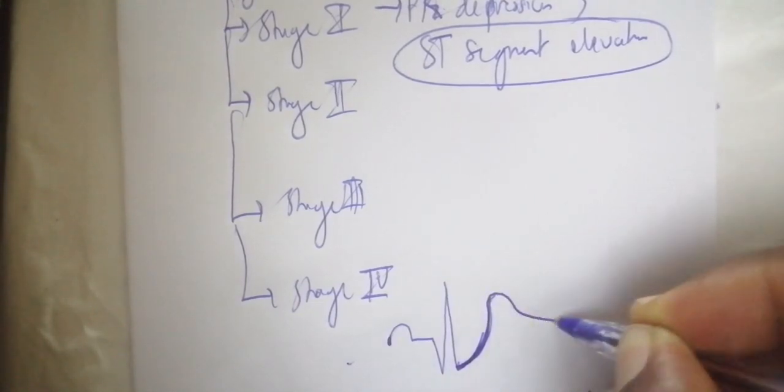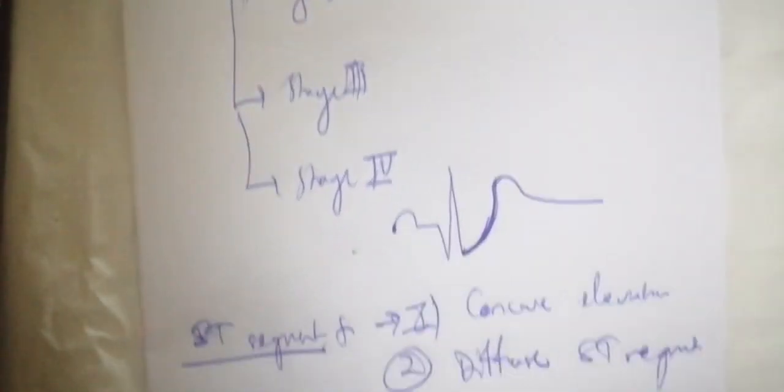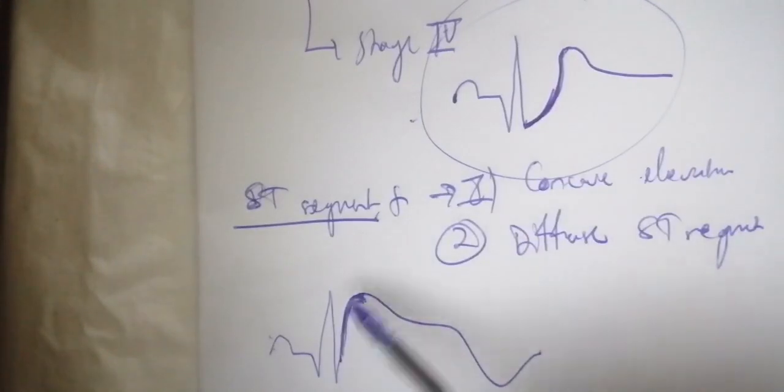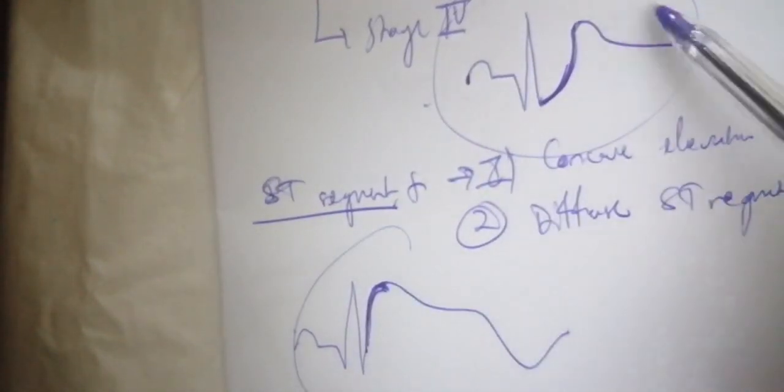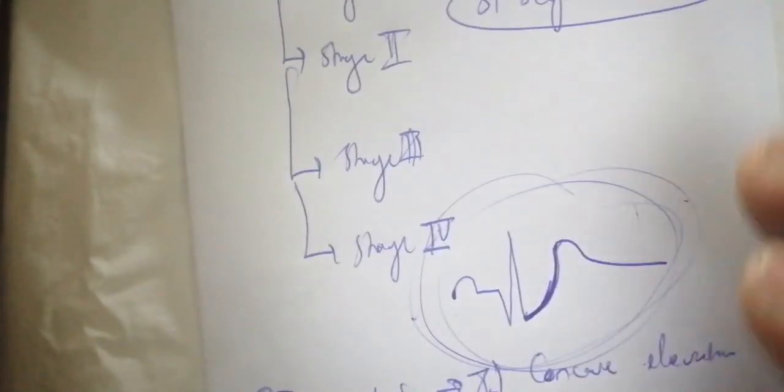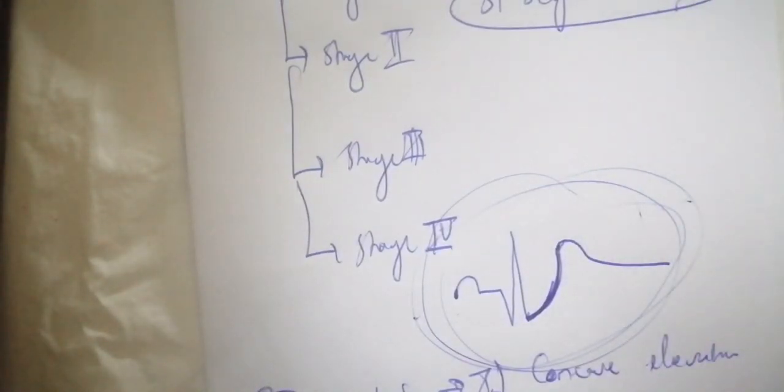Then you have your ST segment. Is it clear? So that is the concave elevation of the ST segment, while here is a convex elevation of the ST segment, which is what occurs in myocardial infarction. The concave form is what occurs in pericarditis, and these are also diffuse.